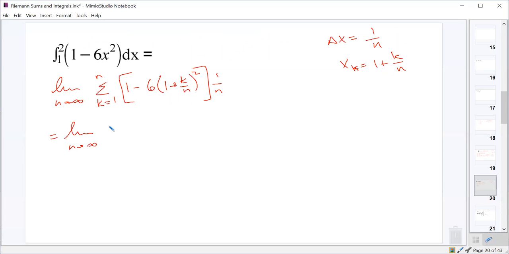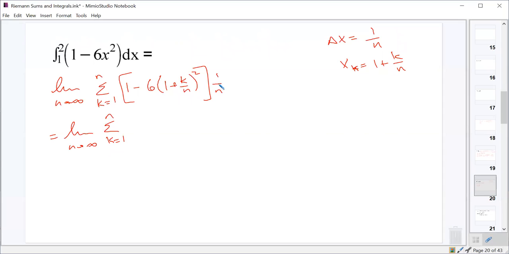All right. So simplifying all of that inside of the brackets, notice the parentheses inside of the brackets there. So we got 1 plus k over n squared, which the first term is just going to be a 1, right? And then we're going to multiply that by 6, and we're going to do 1 minus 6, which is going to give us a negative 5.